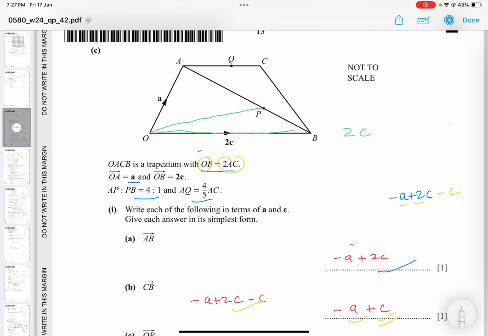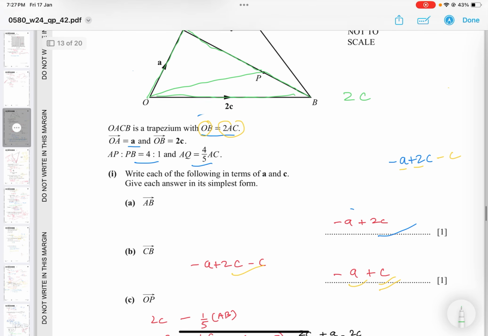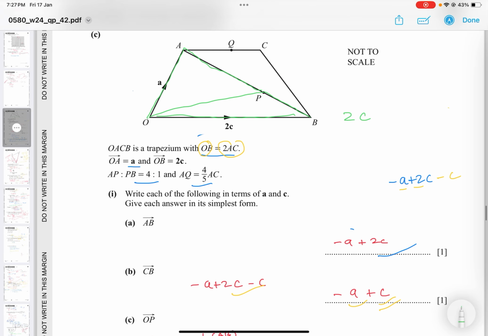I am writing 2C over here. Now I have to go from here to here. I need PB, or I can do this as well: I can go from O to A, then A to P. It's up to you. All right. So AP to PB is 4 to 1. That means total parts are 5 for PB.